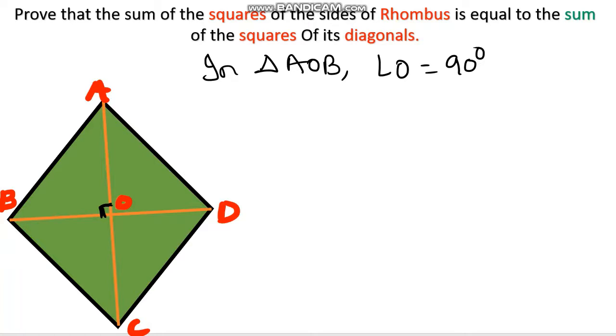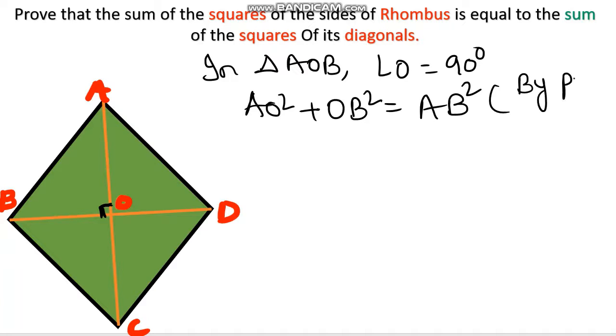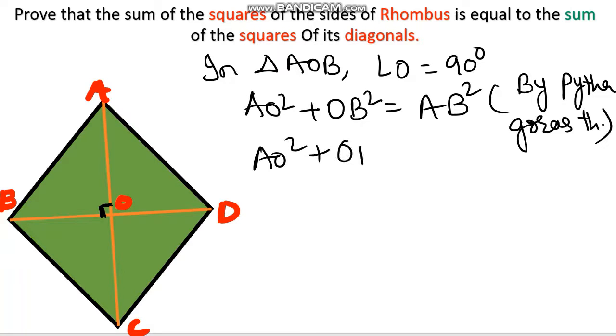Next, let us apply the Pythagoras theorem here. AO square plus OB square will be equal to AB square by Pythagoras theorem. Similarly, if you consider triangle AOD, then AO square plus OD square will be equal to AD square.